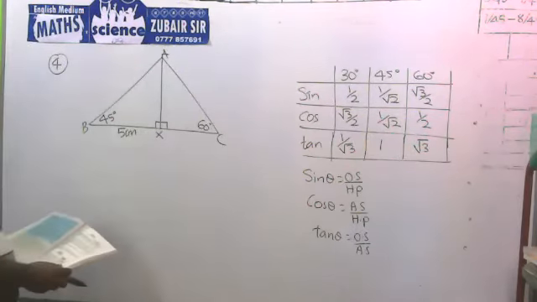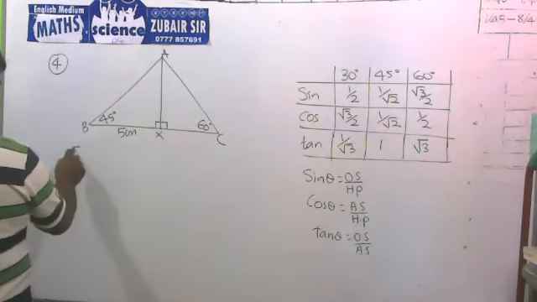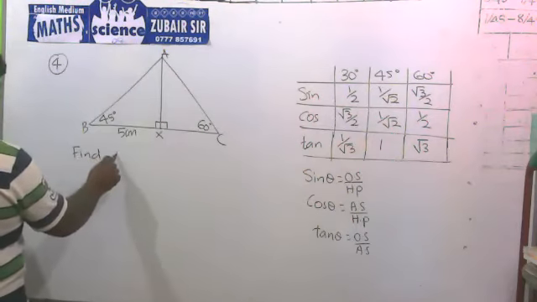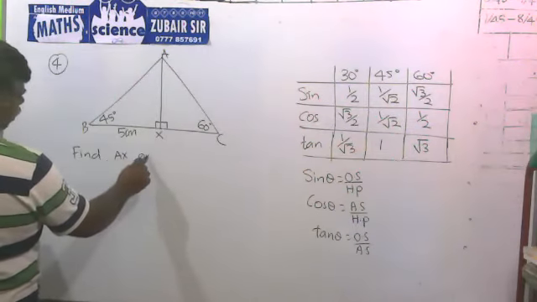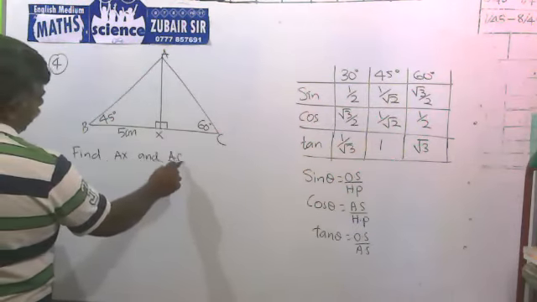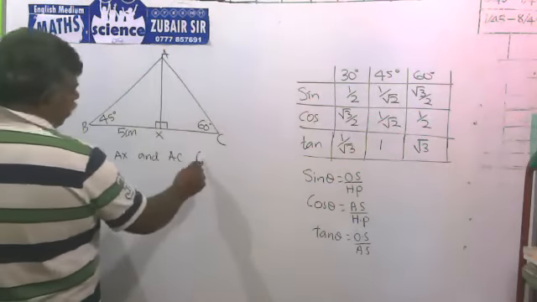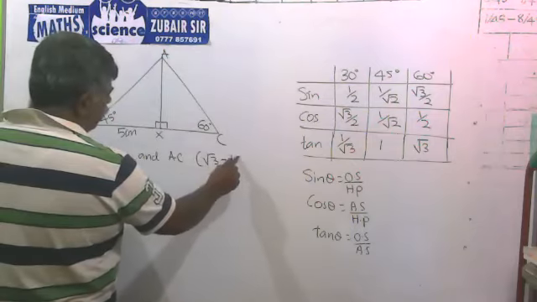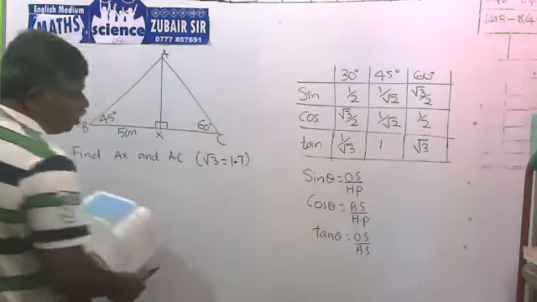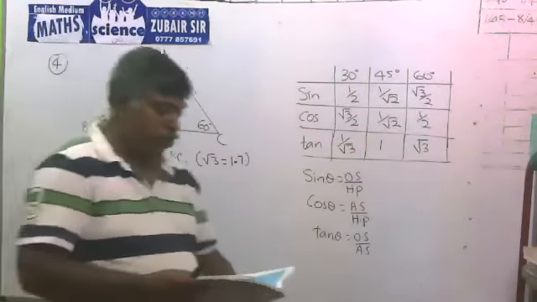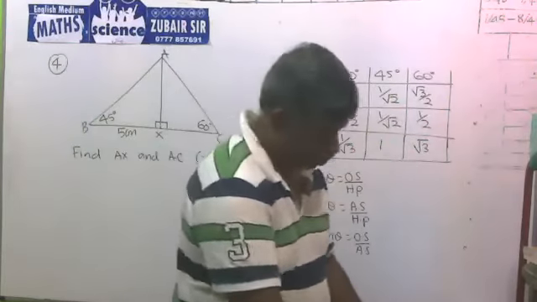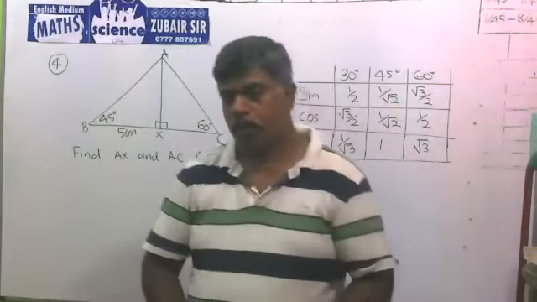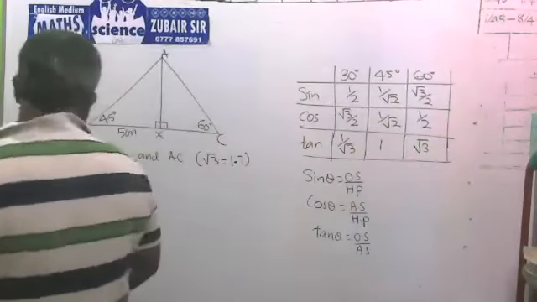So they are asking you to find AX and AC. So the question is find AX and AC. Also within the bracket it is given, root 3 is equal to 1.7. That means instead of root 3, you can use 1.7. Then here only one side is given.